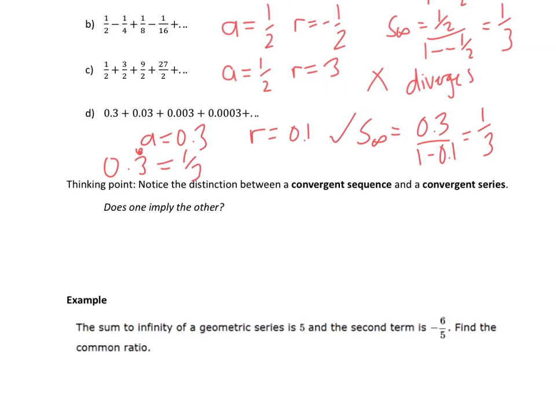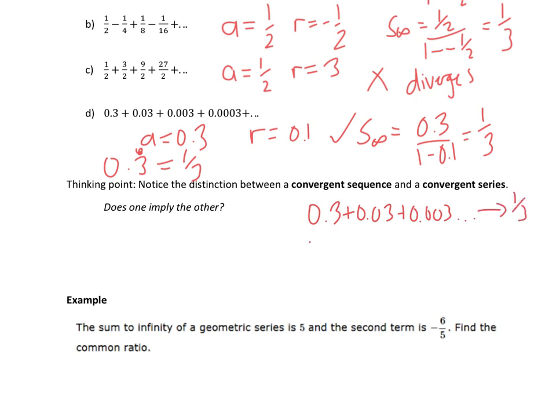Just a little thinking point now. There's a distinction between a convergent sequence and a convergent series. So does one imply the other? If my series converges, let's do this one, this series converged to a third.